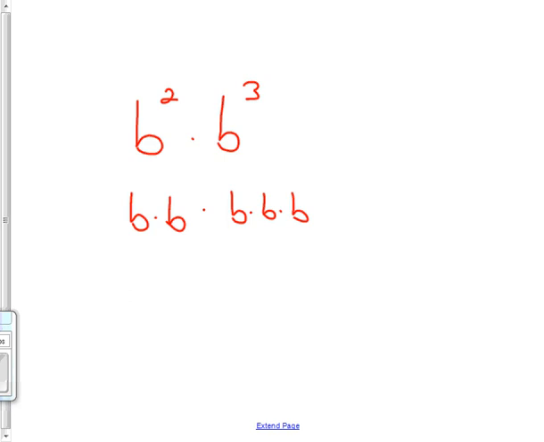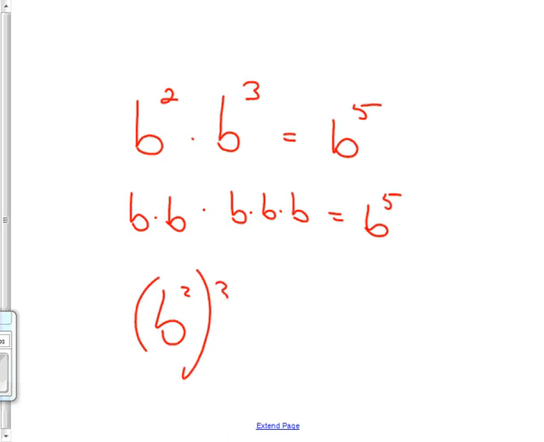There's only 5 b's there, right? It wouldn't make any sense. So this is b to the fifth. So when they're like this, you add them. When they're like this, you don't add them. So what do you think the answer is?